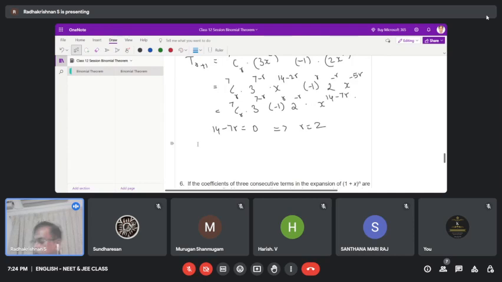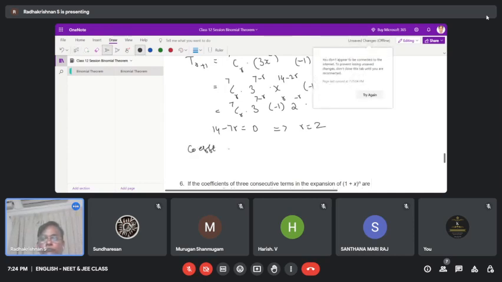The coefficient is 7Cr into 3 power 7 minus r into minus 1 to the power of r into 2 power minus r. This is what you have to simplify.